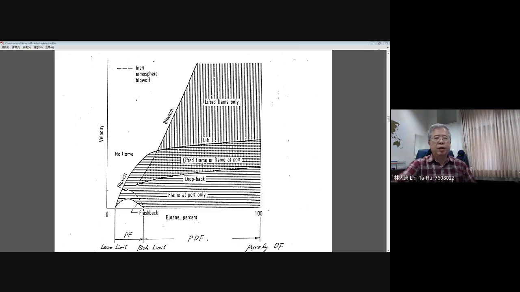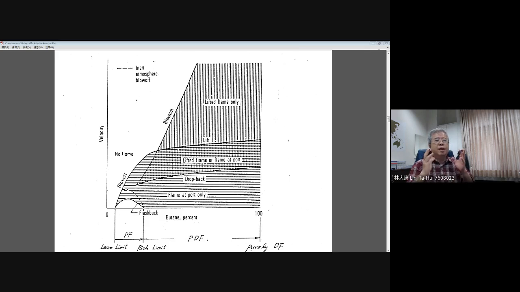So for the purely butane diffusion flame, as the flow velocity increases, you experience a stabilized laminar diffusion flame, then the flame lifts off, and finally it blows out. Okay, it is quite clear, giving you all the possible stabilization features for a jet butane flame.